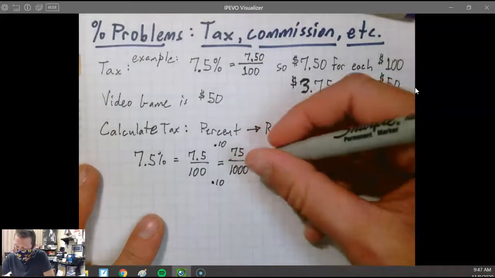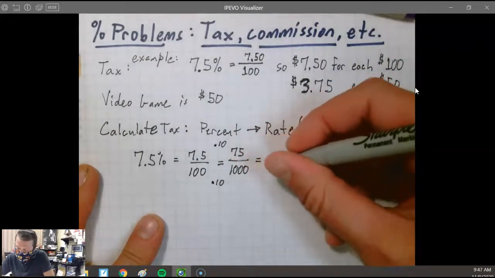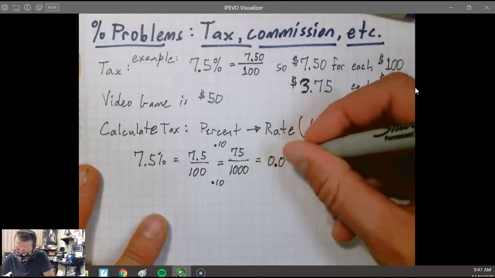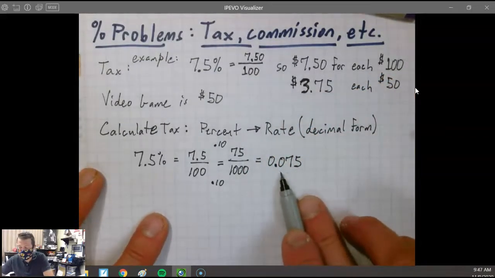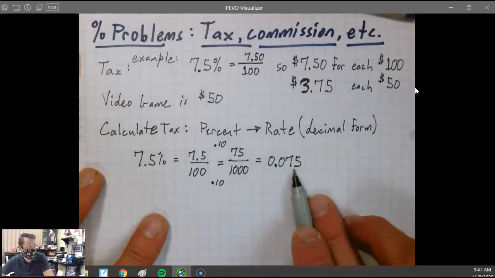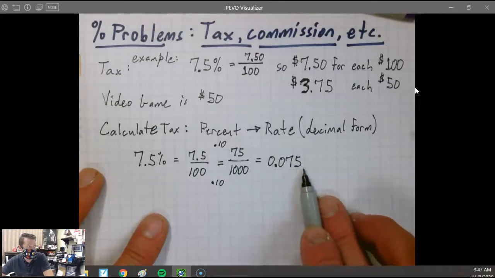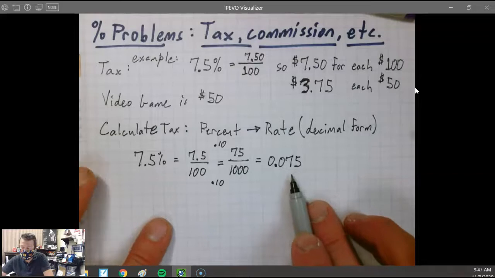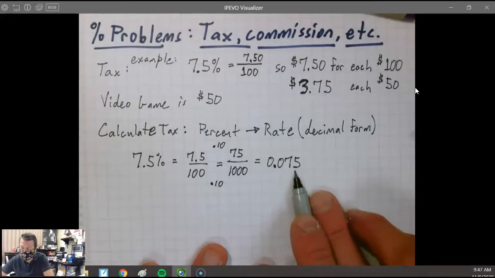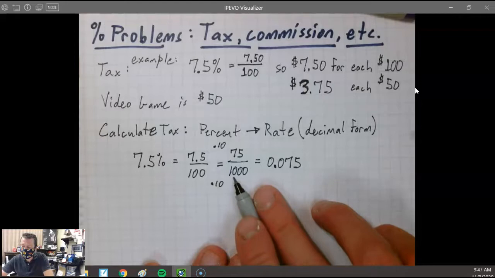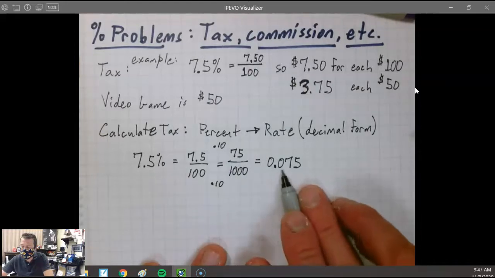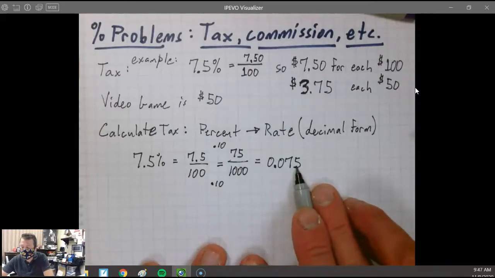And get 75 thousandths, which when we write as a decimal is 75 thousandths, because tenths place, hundredths place, thousandths place. If you need to remind yourself that this is the thousandths place, the trick you can use is the amount of zeros on bottom tells you how many places should be used.